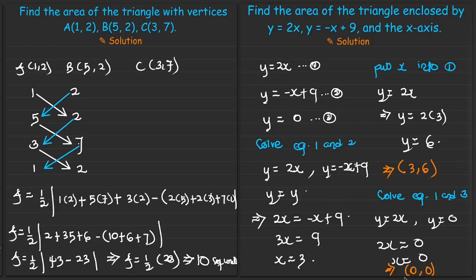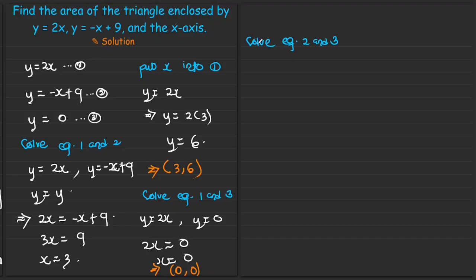Now let's look at our last one. Solving for equation 2 and 3, we know equation 2 was y equals negative x plus 9, and that of 3 is y equals 0. So we have 0 being equal to negative x plus 9.